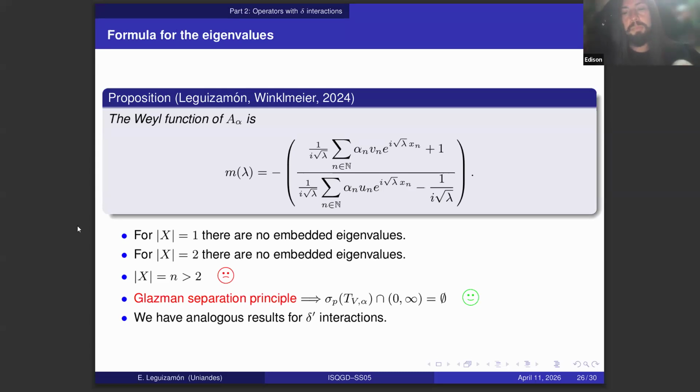But with the classical separation principle argument, as in the case of a compact support potential, we can manage to prove that. It's the same idea. Things work completely equal to the classical case, thanks to the commutator approach.